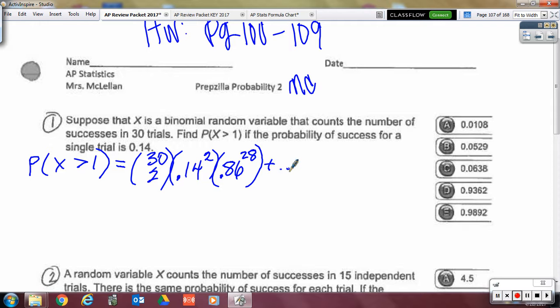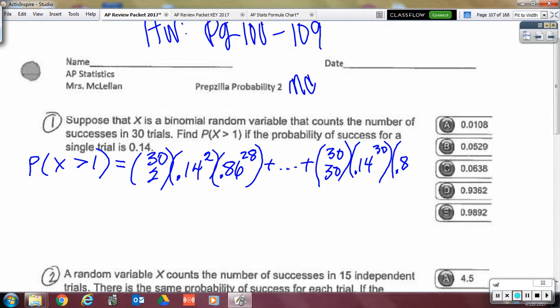Plus, dot, dot, dot, plus, now let's do the last part of the sequence. Since we're going greater than 1, what's the highest part of our sequence? 30 successes. So we got 30 choose 30 successes. And then I got 0.14 to the what? 30 successes.